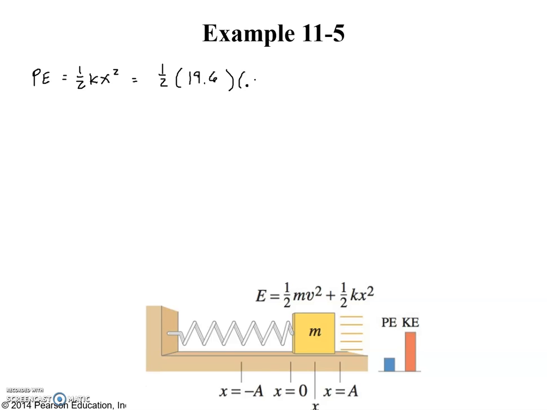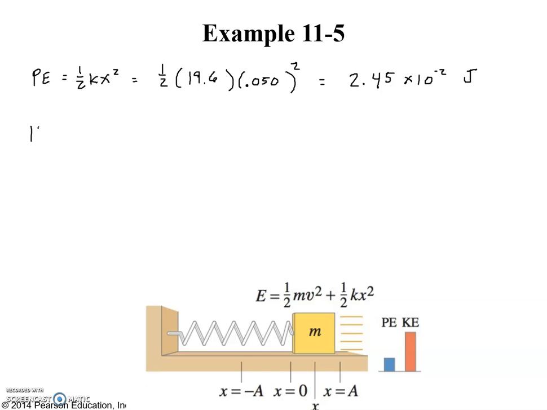Half the amplitude is 0.050 squared. So 1/2 kx squared at half amplitude should equal 2.45 times 10 to the negative second joules.